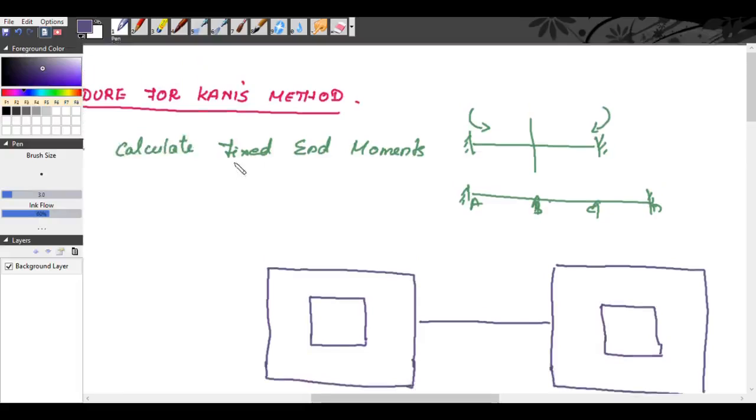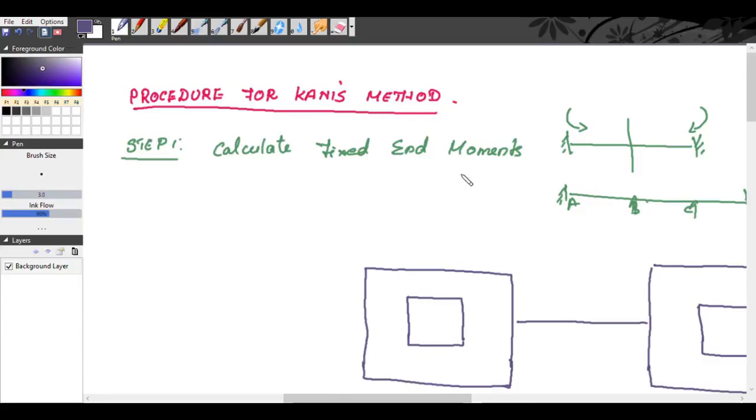So you have to calculate these fixed end moments. So fixed end moments, it is MFij, right? You will write it as MFAB, MFBA, etc. So these MFij should be entered in the outer circle, outer square. Okay, so inner square and outer square.